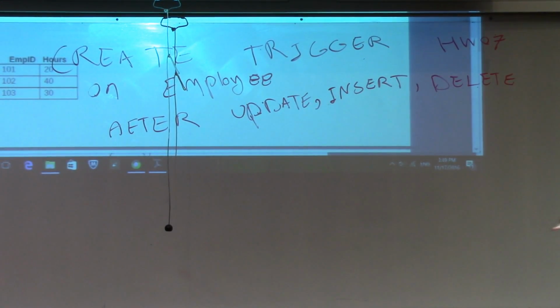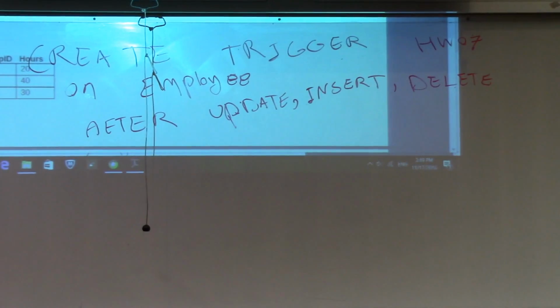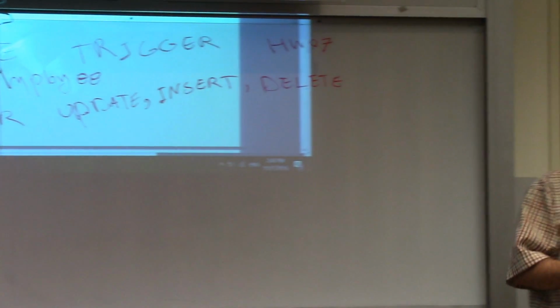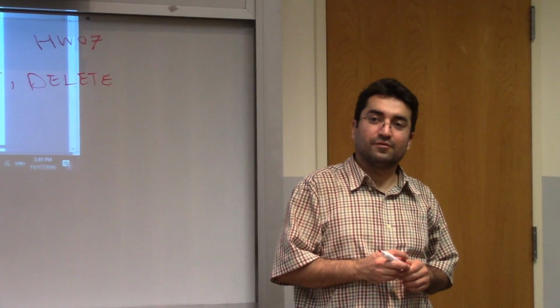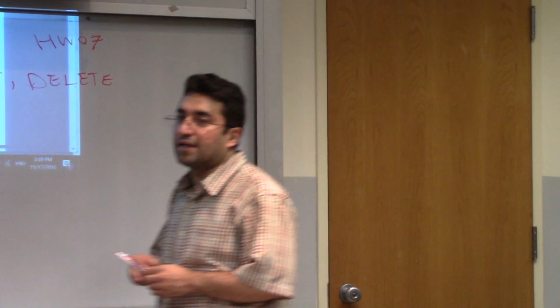Can I bring an example where I'm changing each row? I can change two rows, but the total of the department is still constant, right? I decrease your salary and increase my salary. So it should be for each transaction, not for each row.